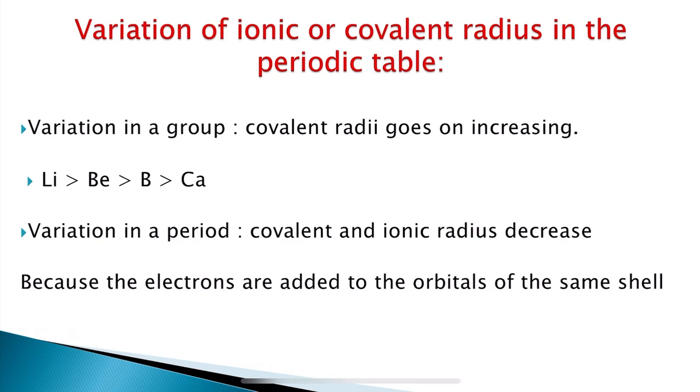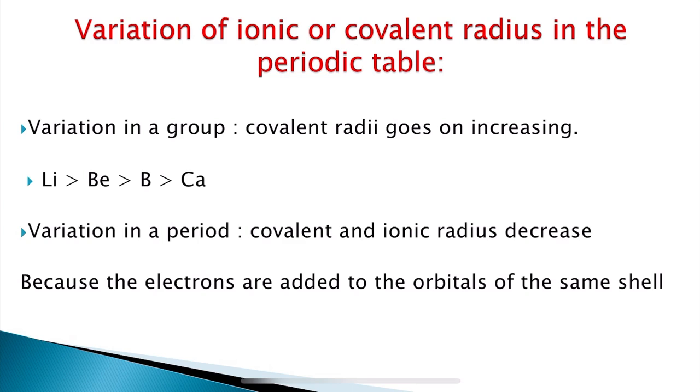On moving from top to bottom in a group, number of shells and effective nuclear charge both increase. The increase in number of shells tends to increase the covalent radius, while increase in the effective nuclear charge tends to decrease the covalent radius. But the effect caused by increase in effective nuclear charge is lesser than the effect caused by the increase in the number of principal shells.